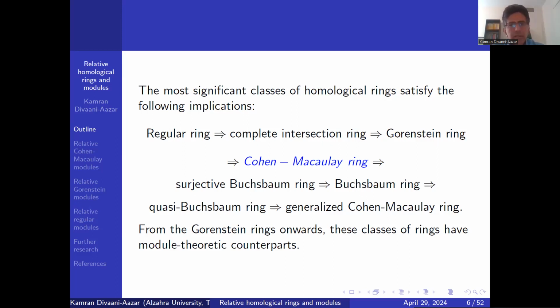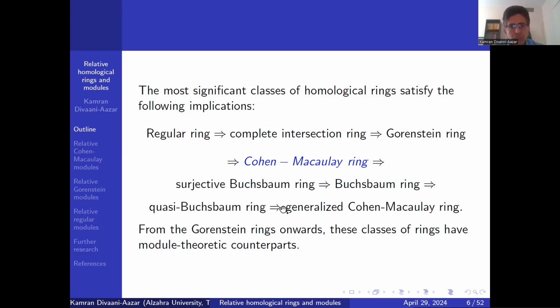But we are not interested in this point of view. We are just interested in the fact that all of these types of rings have homological characterizations. From Gorenstein onward, these types of rings have module-theoretic counterparts. So we have Gorenstein modules, Cohen-Macaulay modules, Buchsbaum modules, and so on.